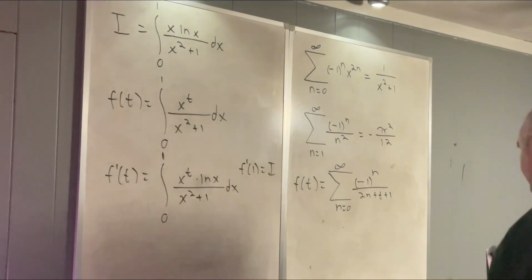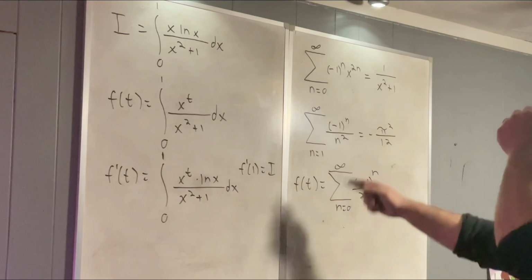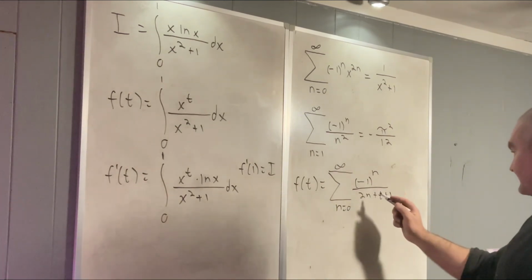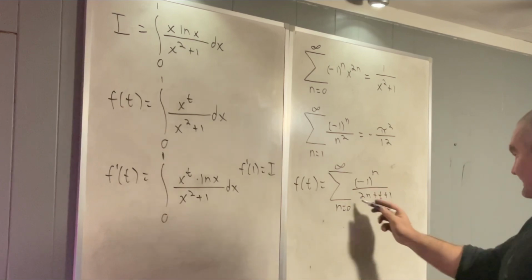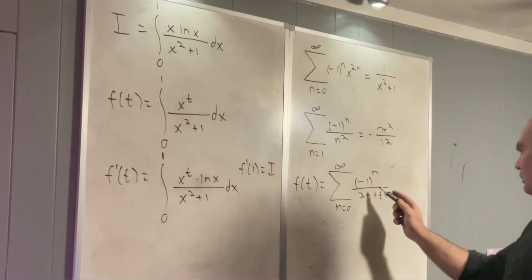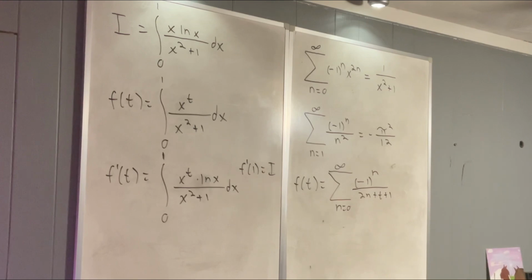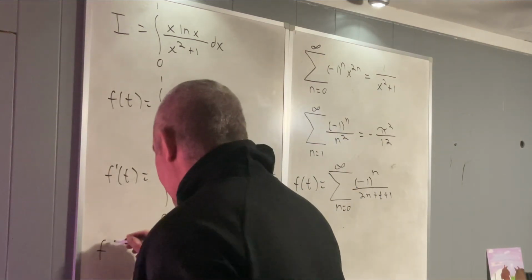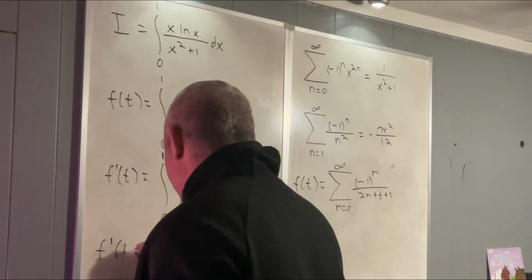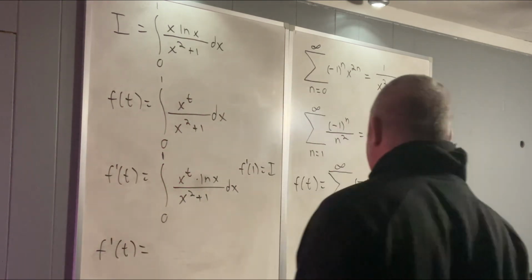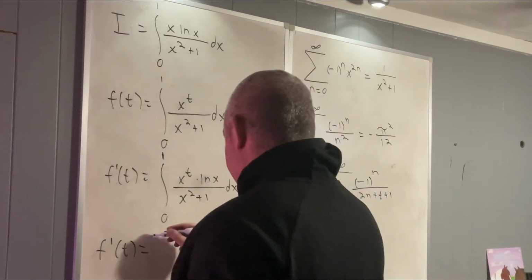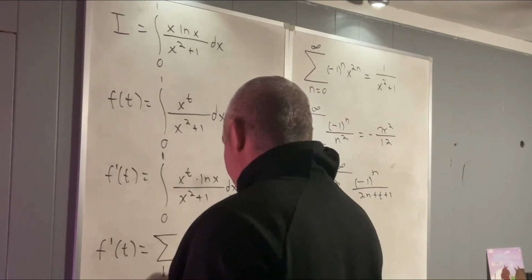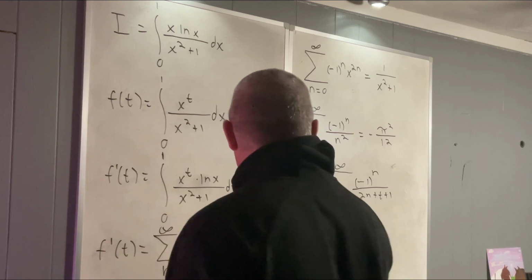All right, let's go ahead and take f prime of t using this one. We'll note that this is 1 over 2n plus t plus 1. And if we take the derivative of that, we will get negative 1 over 2n plus t plus 1 all squared. All right, so that means f prime of t is also equal to, let's see, sum from n equals 0 to infinity.